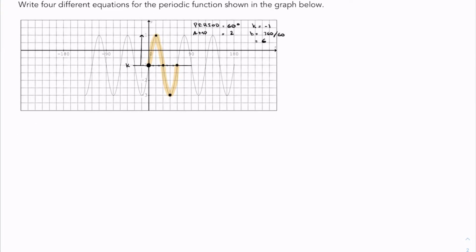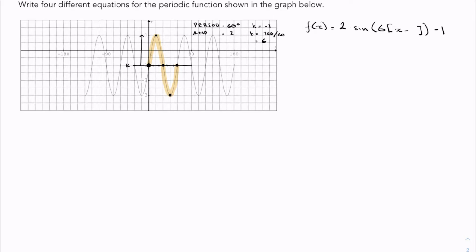Let's start off with sine. So I'm going to have f of x equals 2, because that's our amplitude, times sine, bracket, my b-value is 6. I have x minus, we don't know the phase shift yet, then I have a -1 at the end.